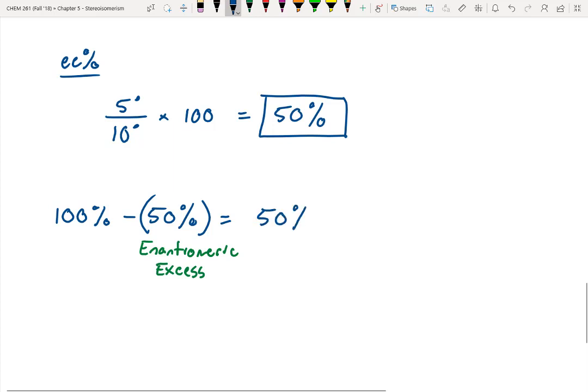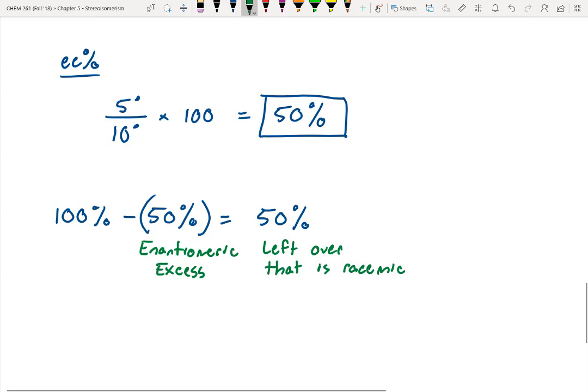What do you think this leftover number might be? Yeah, it might be your racemic mixture that's left over, right? So if you look at this one, this would be your leftover that is racemic. All right, so now my question for you. If 50% is left over and racemic, how much of our desired enantiomer did we actually make percentage-wise?